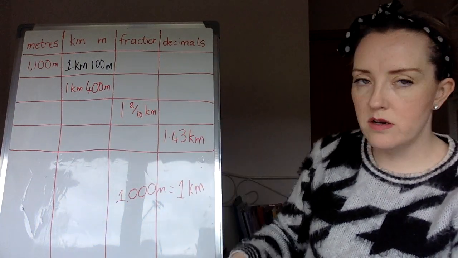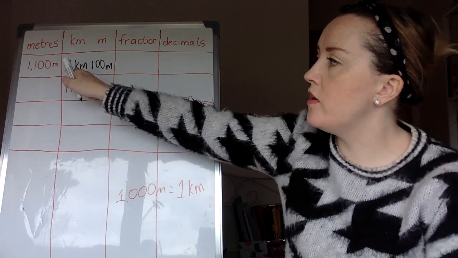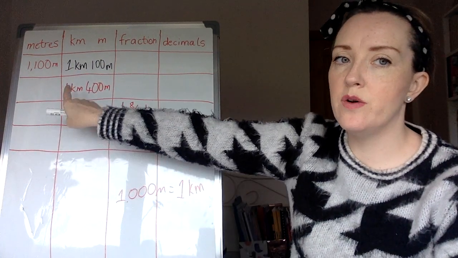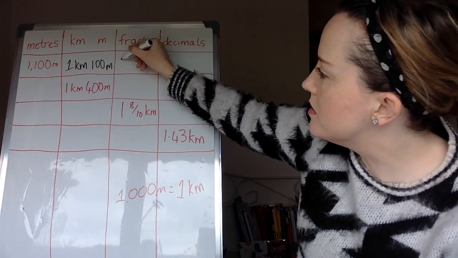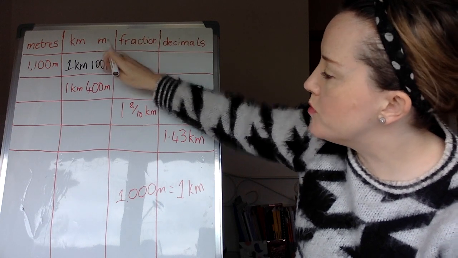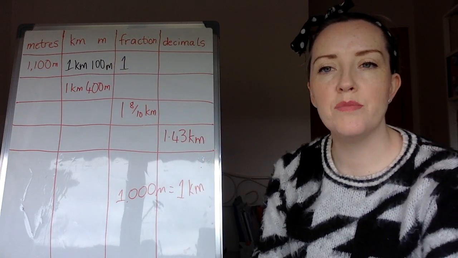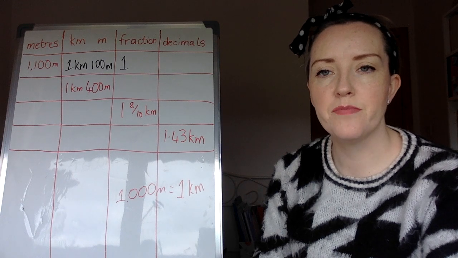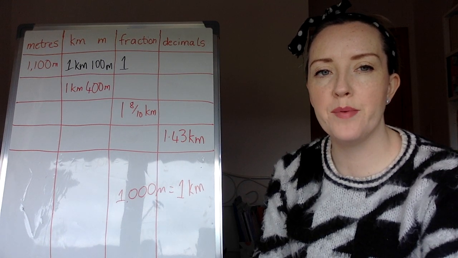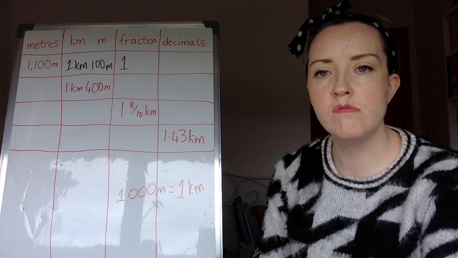So up here, I'm going to put 1, because I know I already have 1 kilometre. I know it from here. So I have my 1. And I must just put my 100 metres into a fraction. So if I'm doing rough work, what would I do? Very good.